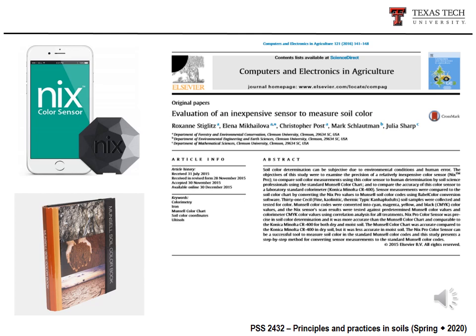In this paper, you can see here the authors compared the Nix color sensor and the Munsell soil color book, and the year is 2016. It's a very interesting paper about soil color measurement and new technologies to do this.